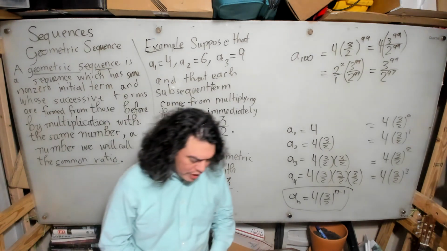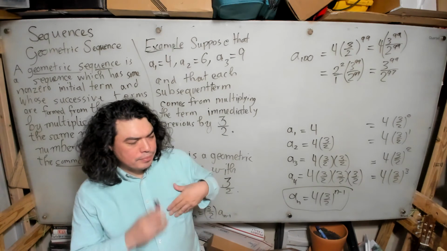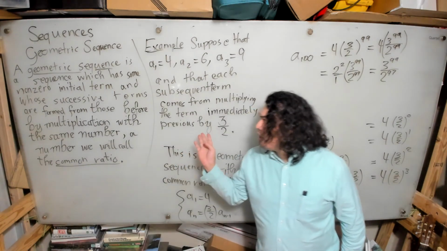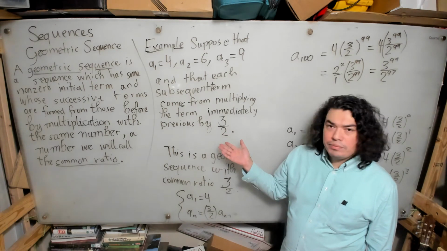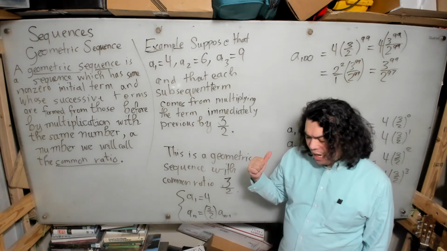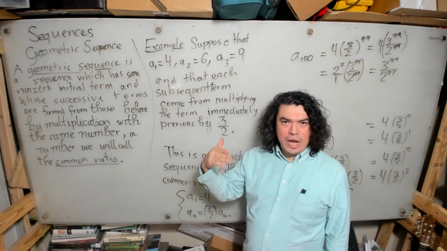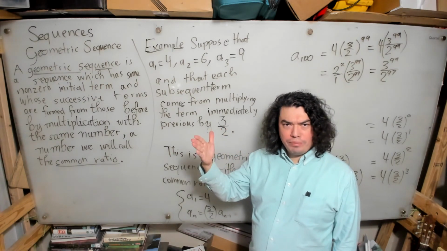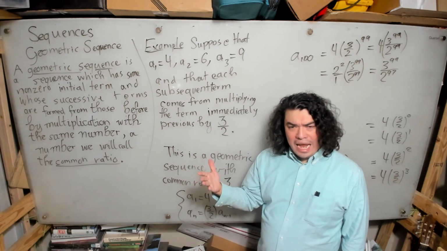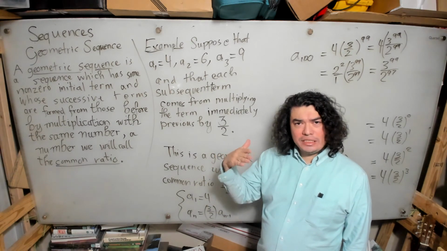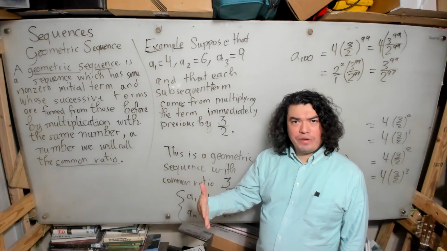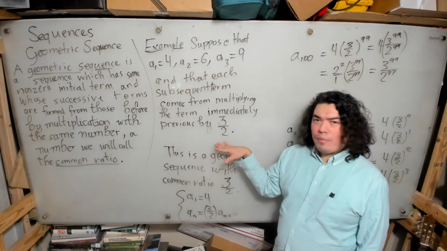Okay, so let me just recap what we talked about. We started off with a geometric sequence. We examined the way that a subsequent term was related to the previous term. And we saw that if you take a subsequent term in this geometric sequence and you divide it by the term immediately previous, we end up getting the common ratio.